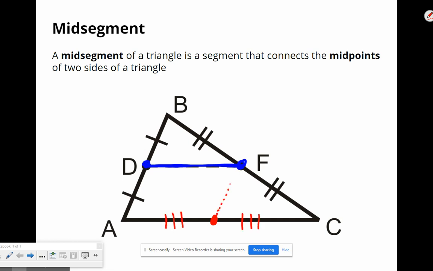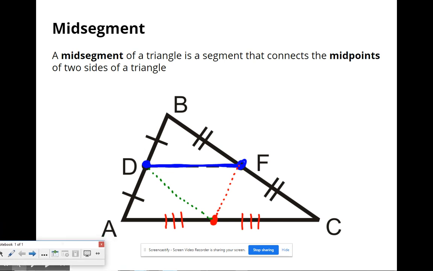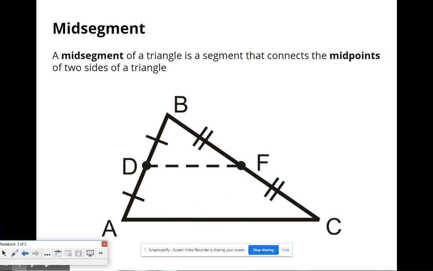So this would be a midsegment here in red, and this one in green would be another midsegment. All three of those are midsegments in our triangle. Take a minute and refresh your memory of what a midsegment is. It connects two midpoints.